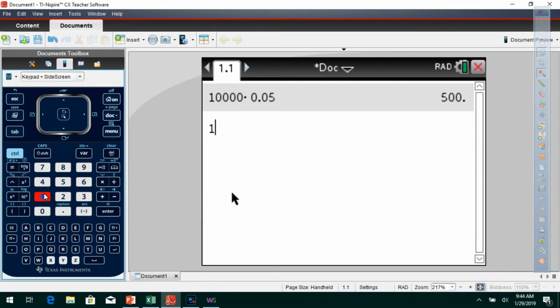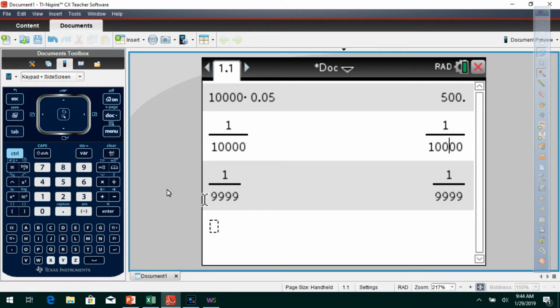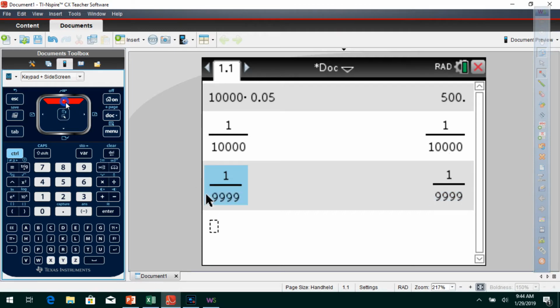Think about it. One divided by 10,000. And then how about one divided by 9,999? We'll grab that and make a decimal.